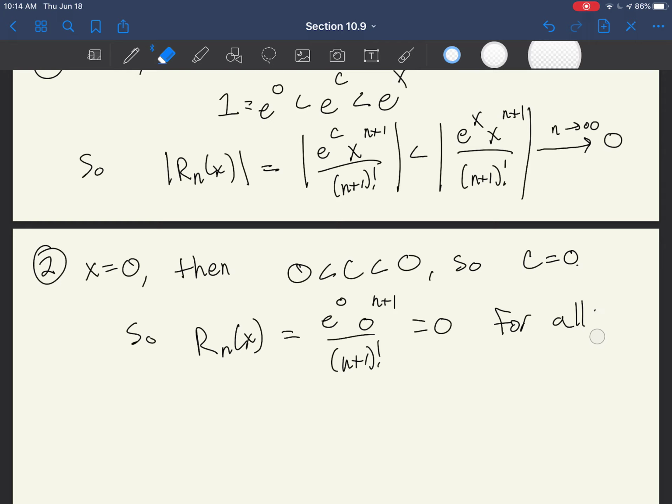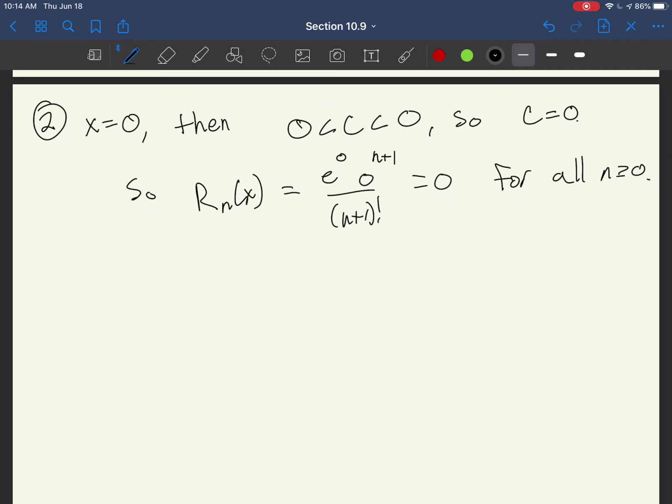So it also goes to 0. This is true for all n bigger than or equal to 0. So the error term went to 0, so we're good.